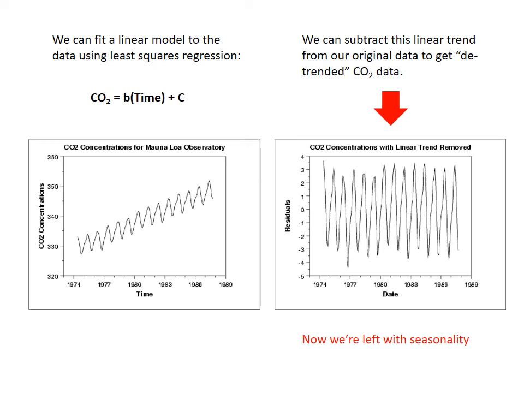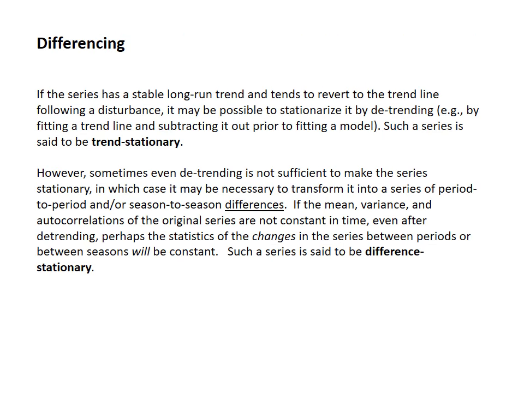The value of CO2 concentrations from one month to the next are very closely related, and so are those from one January to the next January, etc. So detrending using a linear model may be useful for making a series stationary.